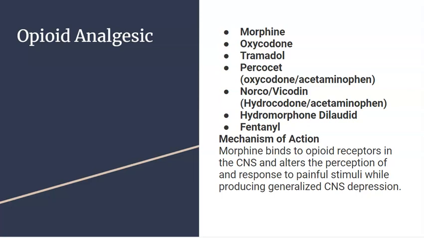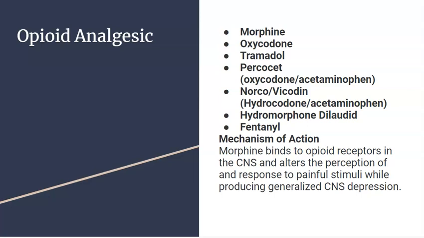We have to look at the three different terms because we want to ensure that you understand that addiction is a disease while tolerance and dependence is not. We know that many medications can cause addiction, but not everyone is going to become addicted to opioids.